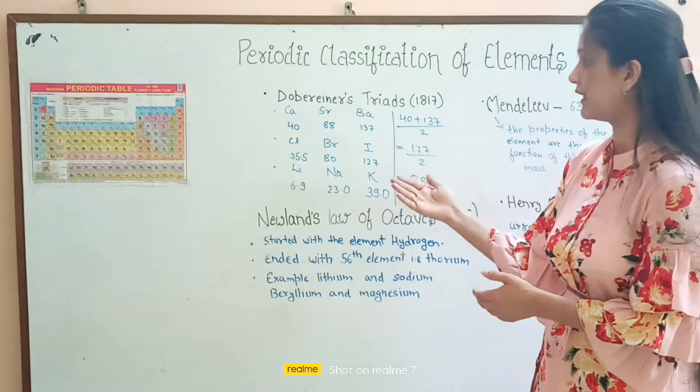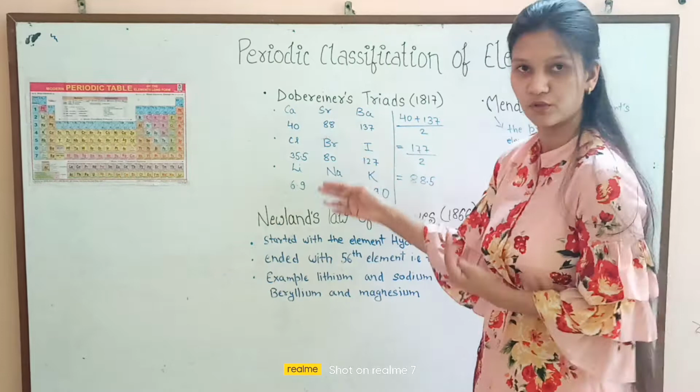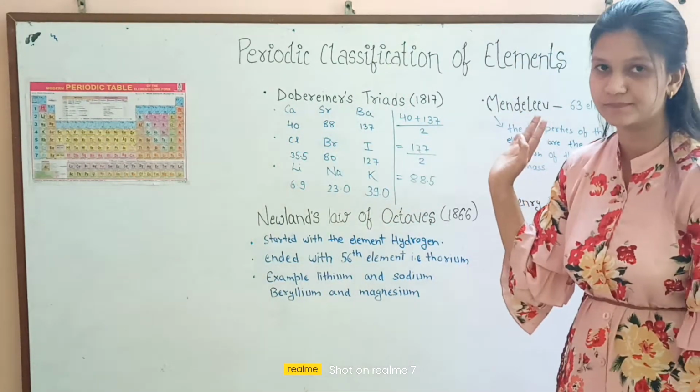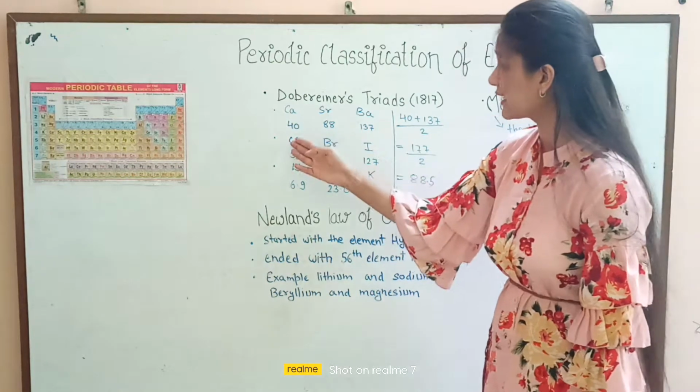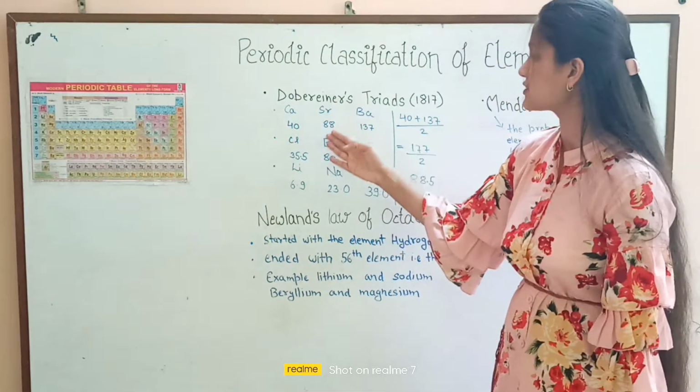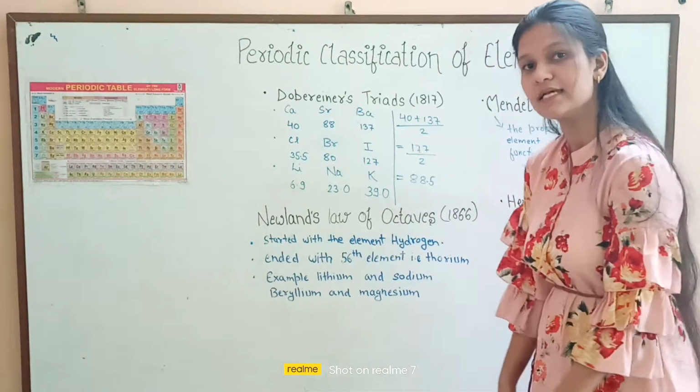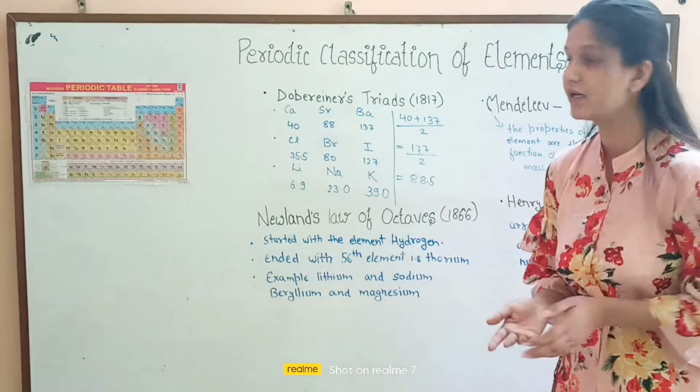So the first one is Dobereiner. What had he explained? He gave 3 groups. The first one is calcium, strontium and barium. The atomic mass of calcium is 40, atomic mass of strontium is 88 and the atomic mass of barium is 137.